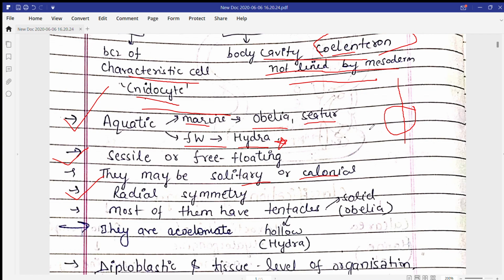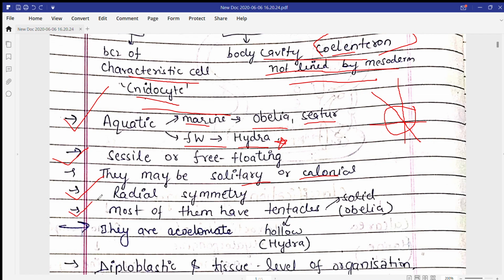Like horizontally, if we cut, it can divide into two equal halves. So you can divide any Cnidarian organism into two equal halves by any vertical plane passing through its central axis. That is known as radial symmetry.